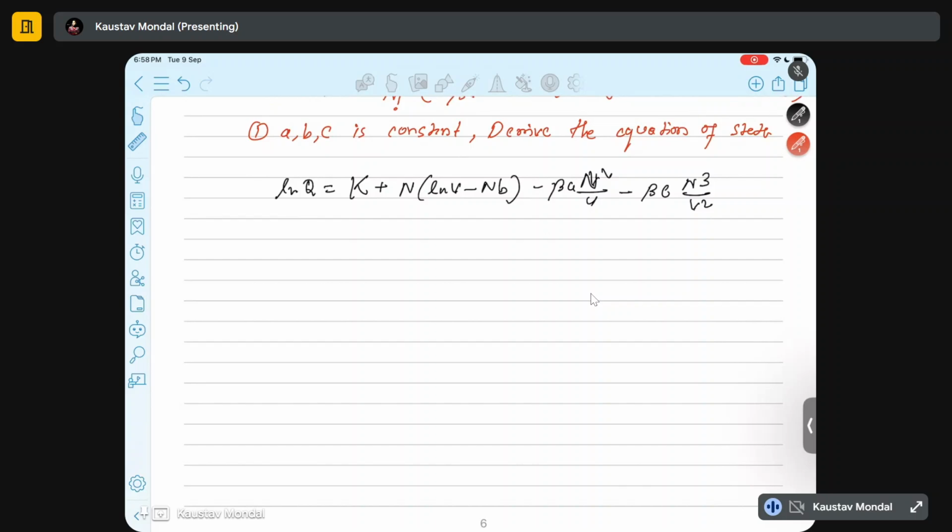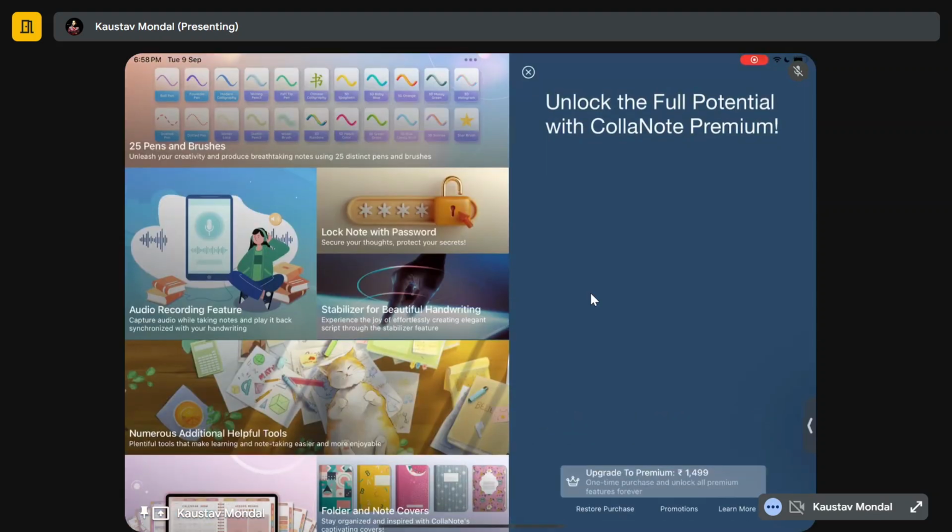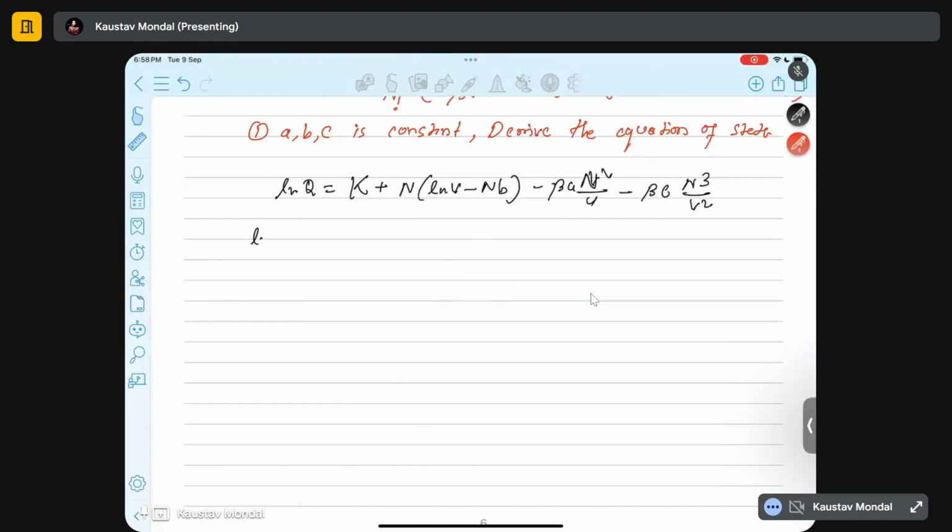In our last class, we derived how the pressure depends upon ln Q, where Q is the partition function of the ensemble. So ln Q we already have. Now, what will we do?